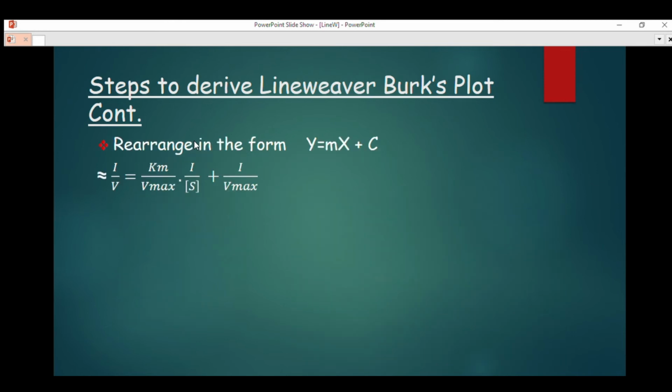After getting here, what you have to do next is to rearrange the equation in the form y equals mx plus c. This is the equation of a line.